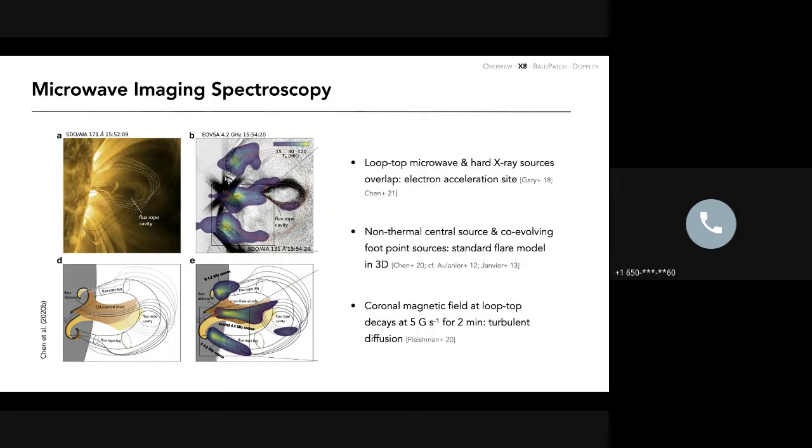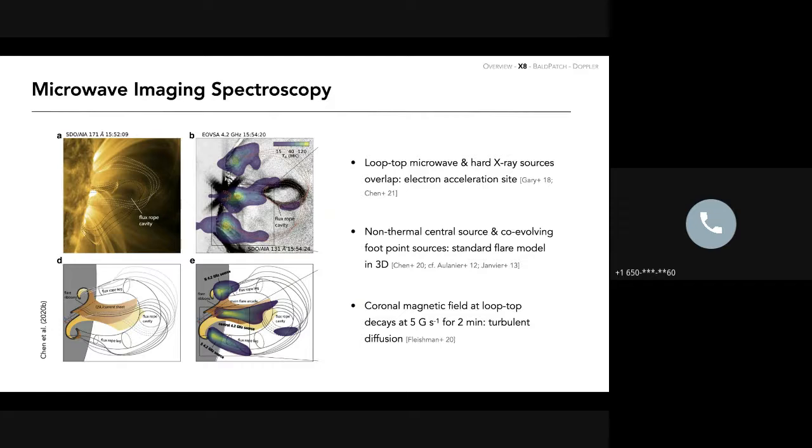On the upper right, panel B, the colors show you the brightness temperature, and you can see several major sources of microwave, one in the north and one in the south, and presumably those are the legs of the flux rope. And the central, lower altitude, large source is coming from the post-reconnection loops. That is also consistent with the standard flare model.